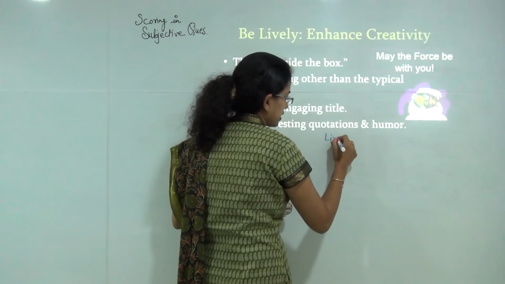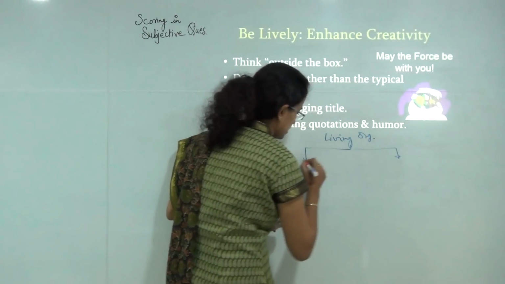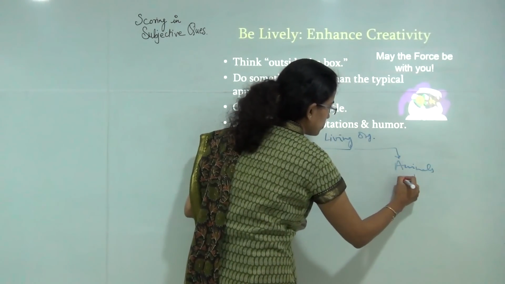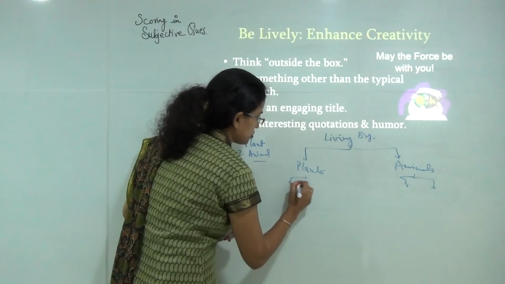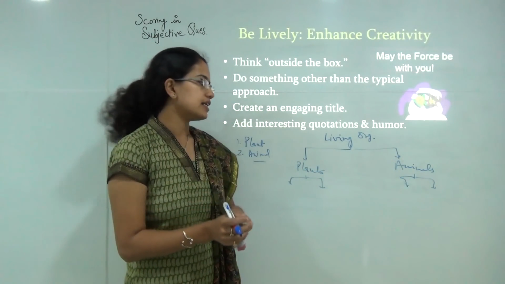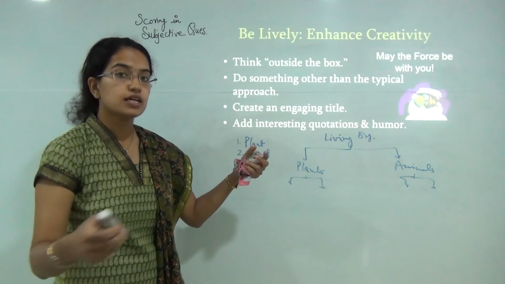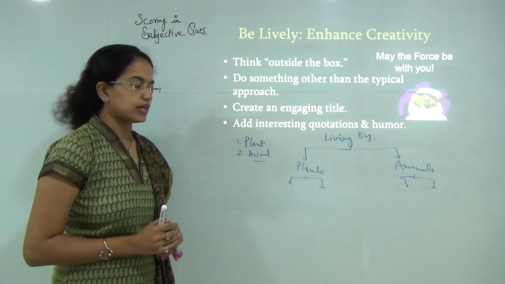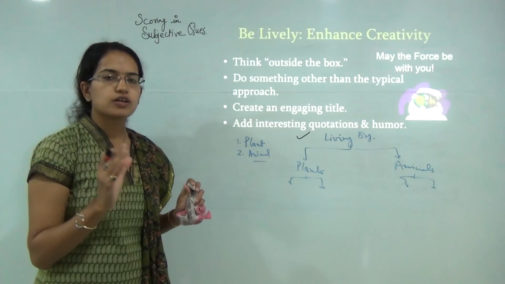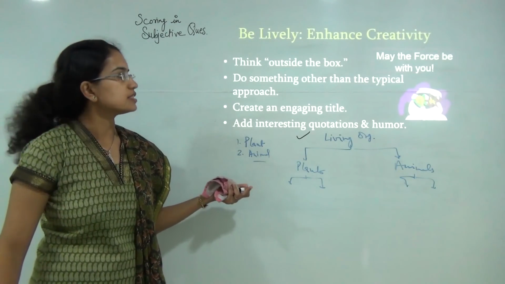I can say living organisms can be demarcated into two sections, that is plants and animals, and then I can do a further classification. This kind of flowchart would give the examiner an instant idea that the student is well aware of the concept, and he won't even be reading the whole of the material that you are providing. Even by looking at this, he will get an idea that you know the subject or the concept thoroughly. So that is something that will help you make a difference.